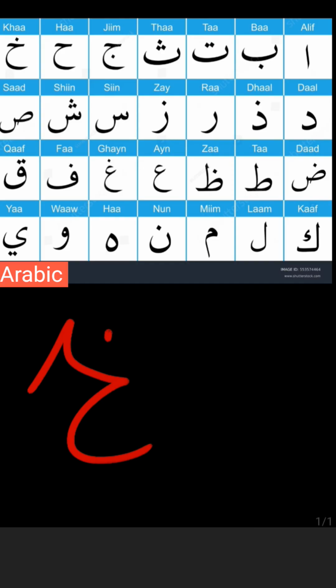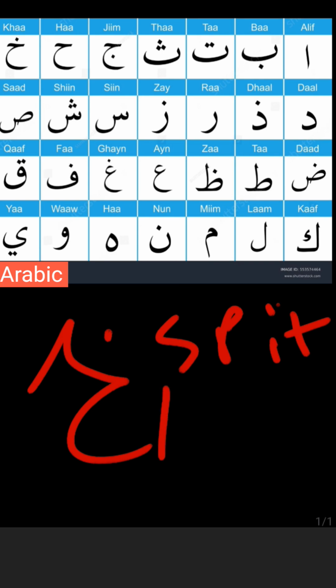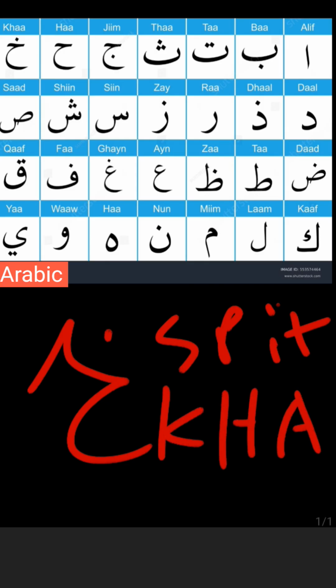There's not really an equivalent in English, but the closest thing I can think of is an action when someone wants to spit. Even though that's gross, ignore the gross analogy. If someone wants to spit and you go ha ha ha, like you're trying to make the back of the spit come out, usually more of the back of your throat.